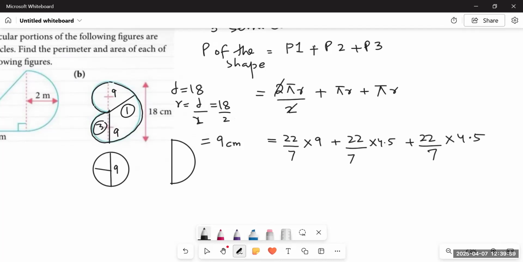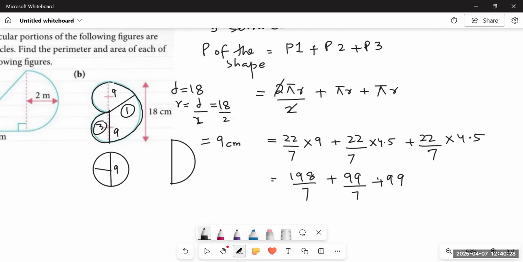Okay. So if we do so, the answers would be 22 multiplied by 9 upon 7, which is 198 upon 7. And then 22 multiplied by 4.5 is 99 upon 7 plus 99 upon 7.